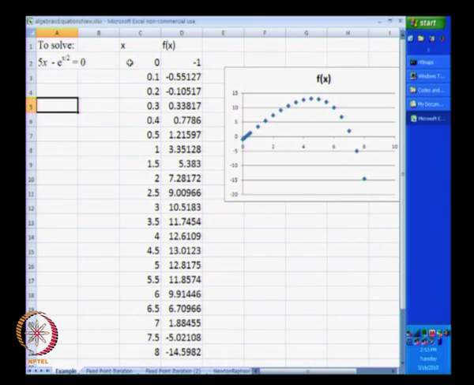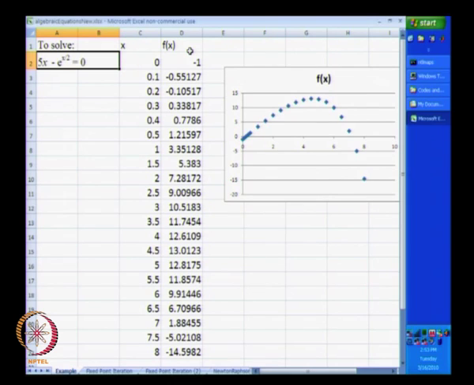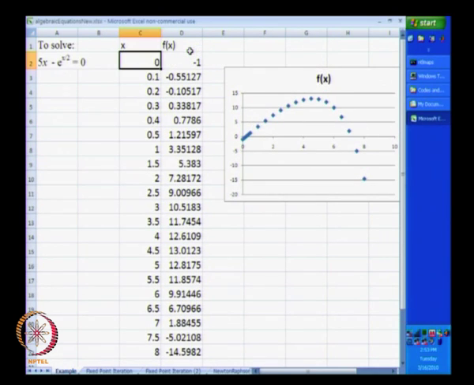Okay. So just to give us an idea of what this particular function looks like, what I have done over here is, this is the particular equation 5x minus e to the power x by 2 equal to 0, that is what we want to solve. The left hand side of this expression is nothing but our function f of x. So for various values of x going from 0 to 8, I have plotted our f of x, and if you click F2 you will be able to see what f of x means.